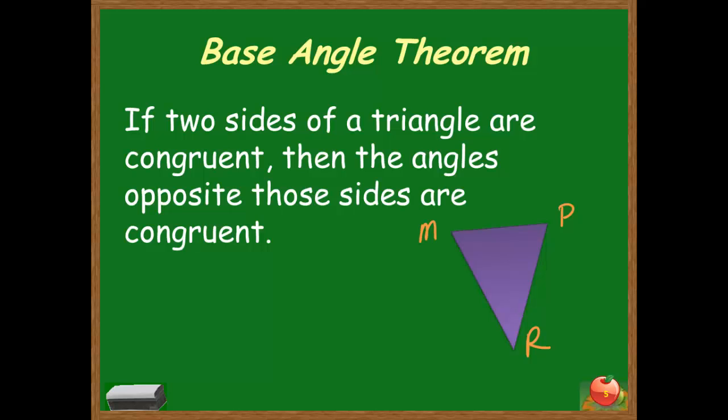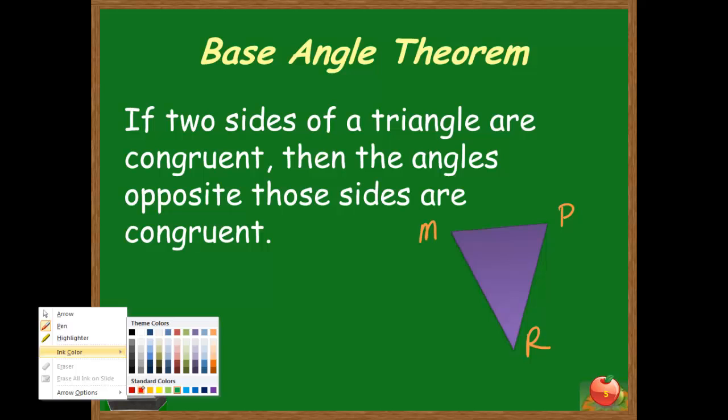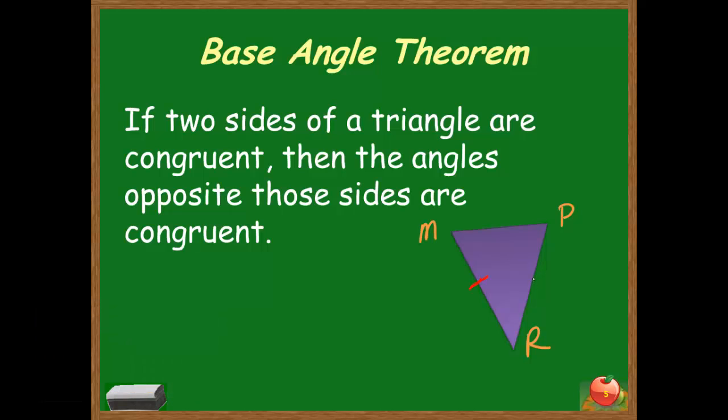The base angle theorem states if 2 sides of a triangle are congruent, then the angles opposite those sides are congruent. So if I know that these 2 sides are congruent, that MR is congruent to RP, then I know automatically that these 2 angles, angle M is congruent to angle P. This is called the base angle theorem.